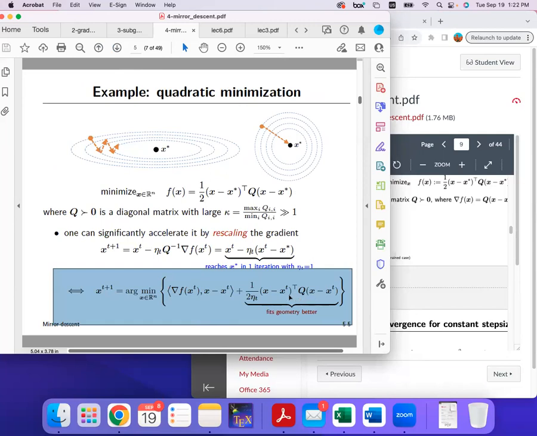You can check this is a valid distance metric, but it is defined based on a positive definite matrix Q. And because Q is positive definite, this quadratic term is guaranteed to be non-negative unless x equals x t. So it is a valid distance metric.